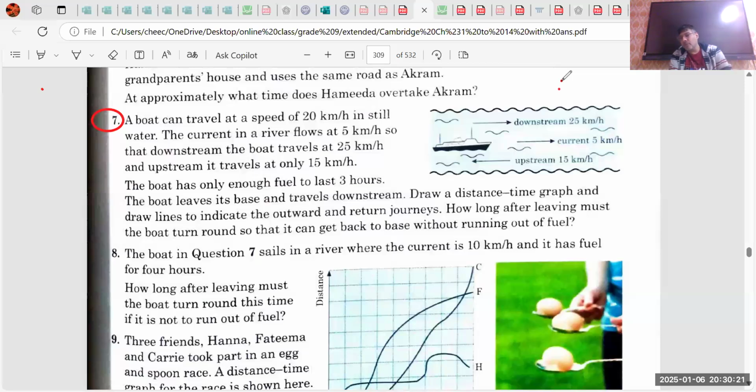Think of it as a linear equation question. If you don't understand, I'll explain, but it's not tough. Give yourself a minute, else I'll explain.